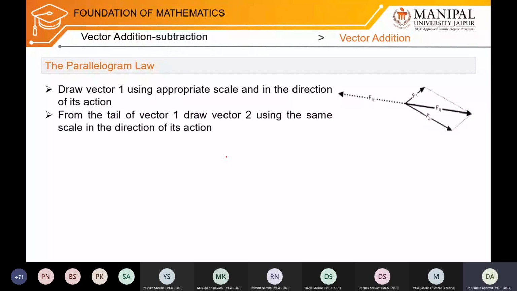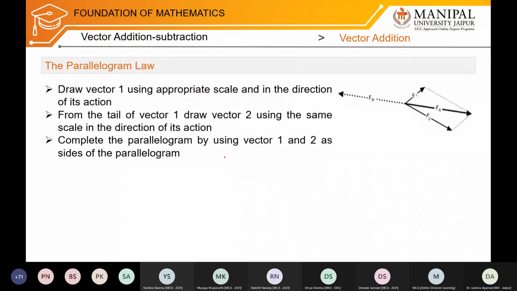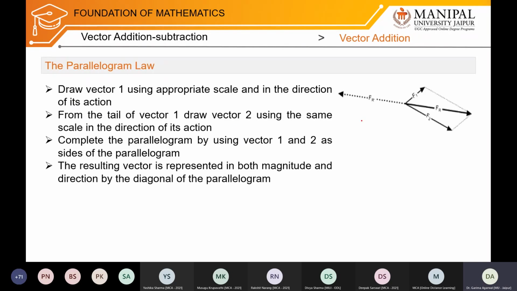Next is the parallelogram law. Draw vector 1 using an appropriate scale and in the direction of its action. From the tail of vector 1, draw vector 2 using the same scale in the direction of its action. I have drawn force F1, F2, right?